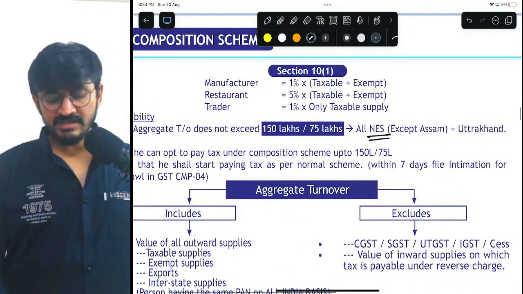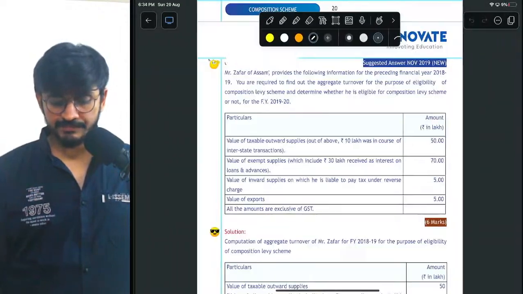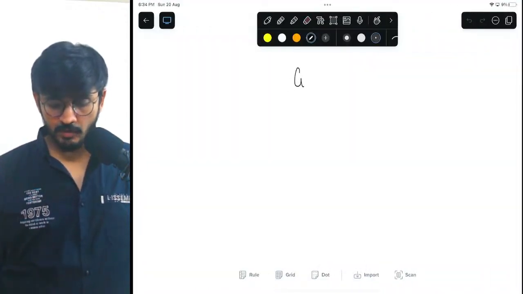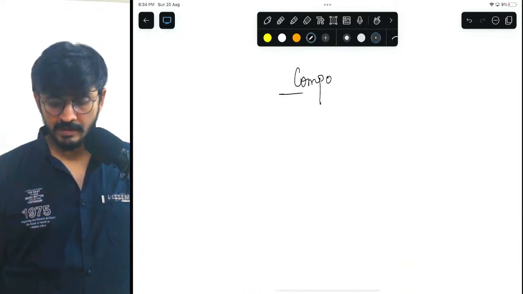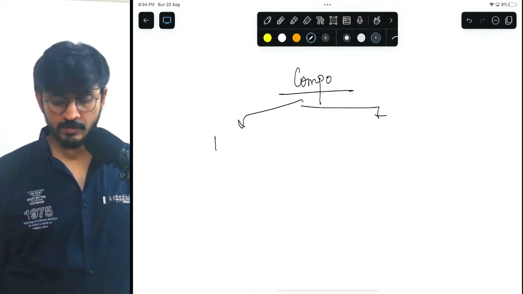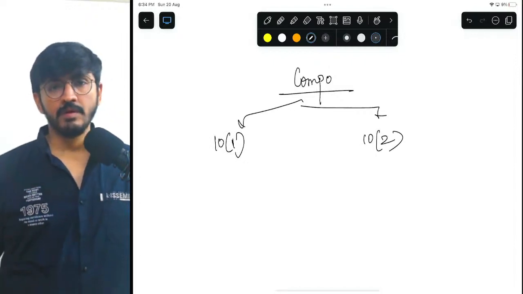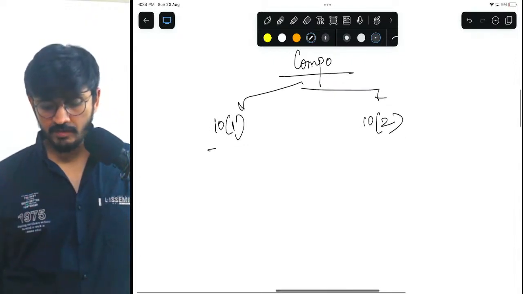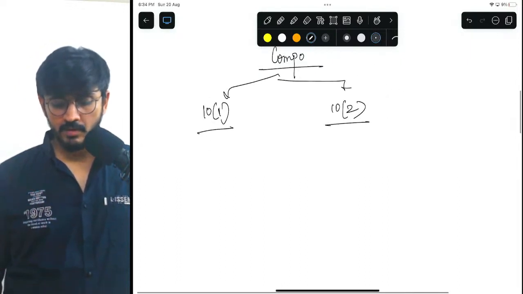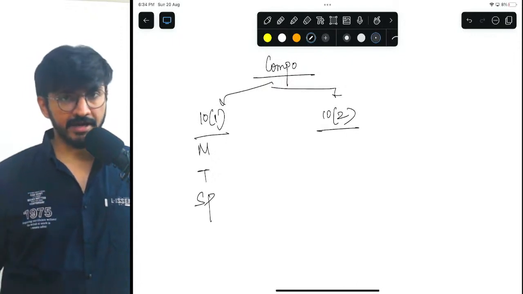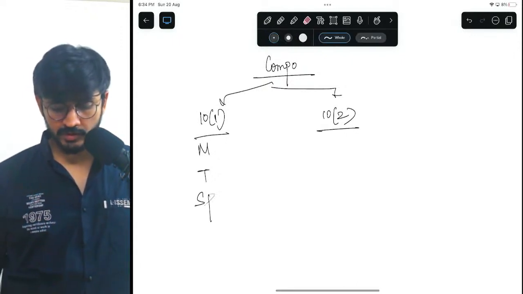Also, understand one thing, the entire composition scheme is divided into two parts. One is 10-1 and the other is 10-2. In 10-1, what I talk about is very simple: manufacturer, trader, and, I'm so sorry, restaurant wala.